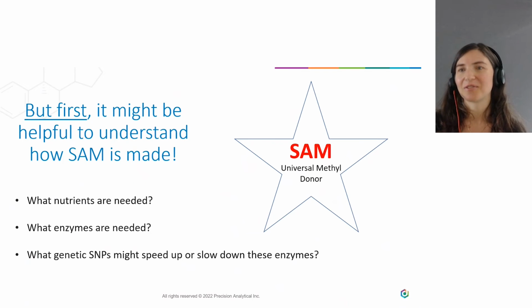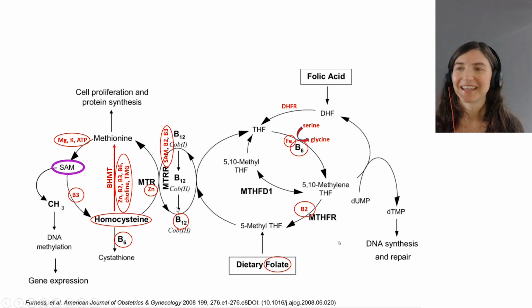All right, so let's talk about how SAM is made, because we really have to understand how we make SAM and what we need to make SAM before we can understand what genes to test for SNPs or what nutrients to look out for. We will go through this step by step, but this is just an overview.